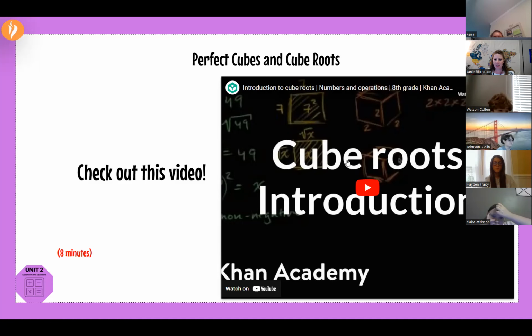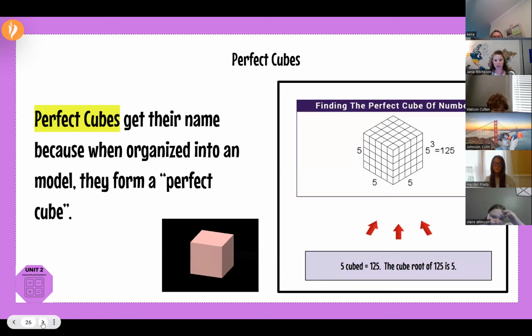All right, so here is a cubed root introduction. It's 8 minutes. If you need to watch this later, please do so. Now, you know why we call them perfect squares, because if you have a square that is a 5 by 5, it makes a perfect square, 25. Well, if you take a number and multiply it together 3 times, those dimensions are actually going to form a cube.